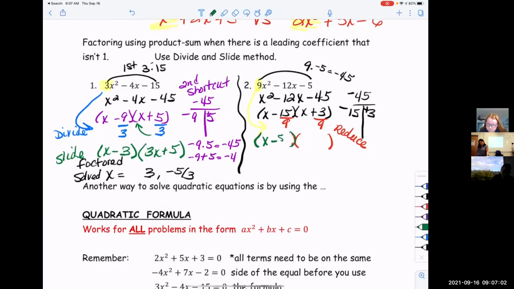Yeah, 5/3. All right, and then how about 3/9? What does that reduce to be? And it's okay that they don't divide out because we've got the slide. That just means we're sliding in each parentheses. So that's not a big deal.